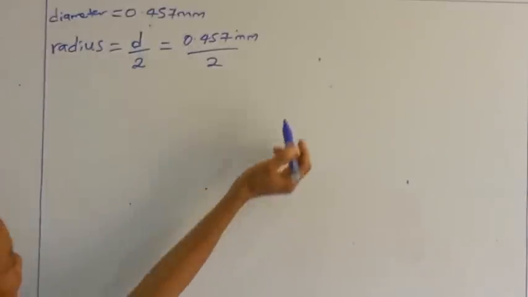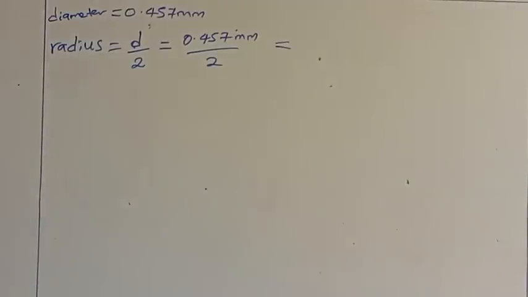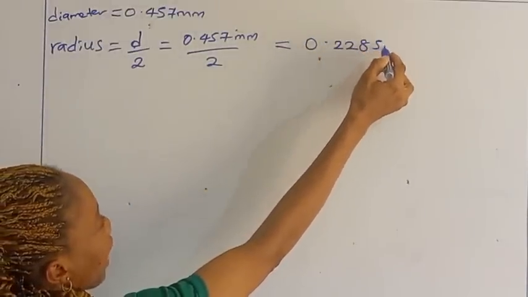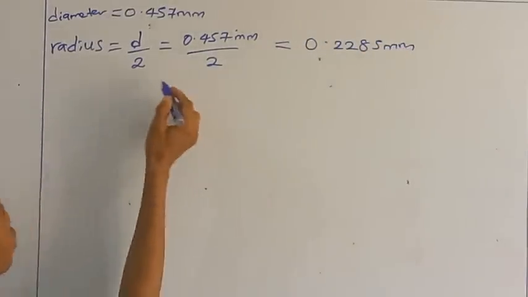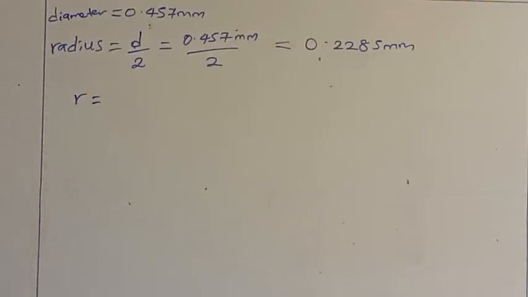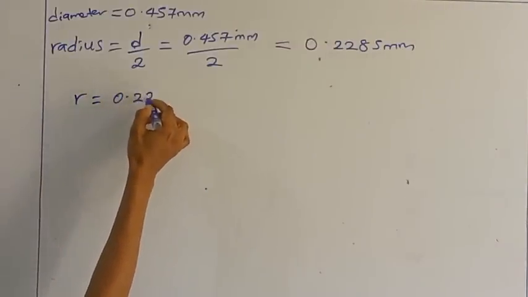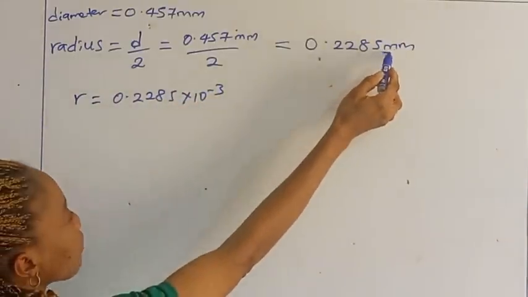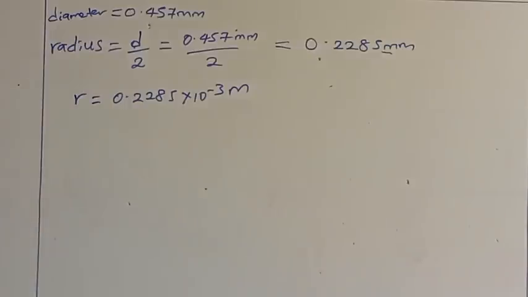So we can end up having the radius as 0.2285 millimeters. So we can just say radius is 0.2285 times 10 raised to power minus 3. That's what I've converted this to meter.